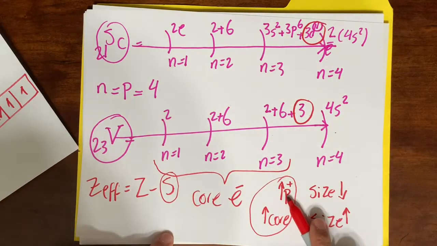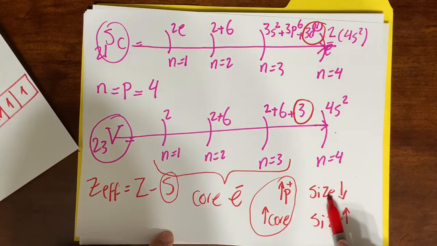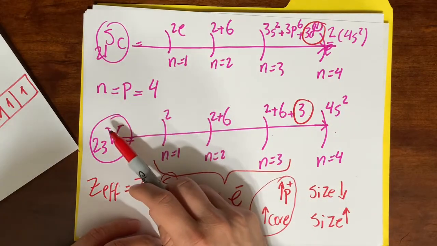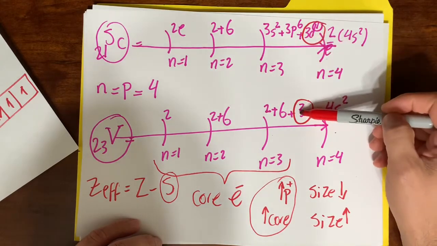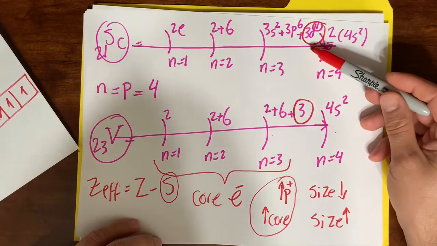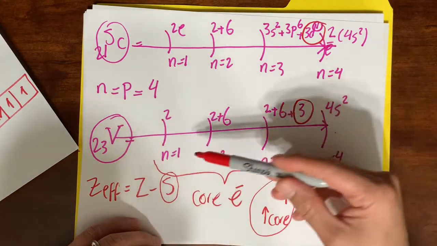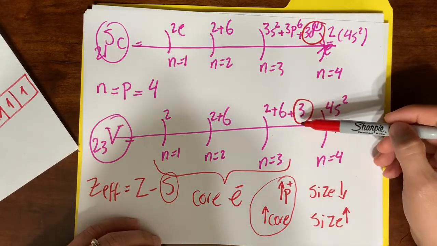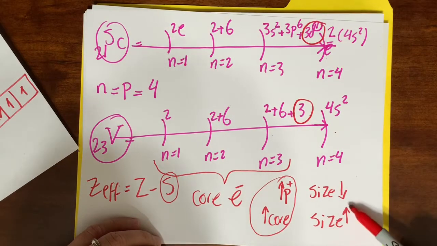As the number of protons goes up, size decreases. But when we move to the right side, we are adding electrons to the d orbital that belongs to the inner layer, N equal 3. And if we increase the number of inner electrons, that means we are increasing the shielding effect. Because we have more shielding effect, size will go up.